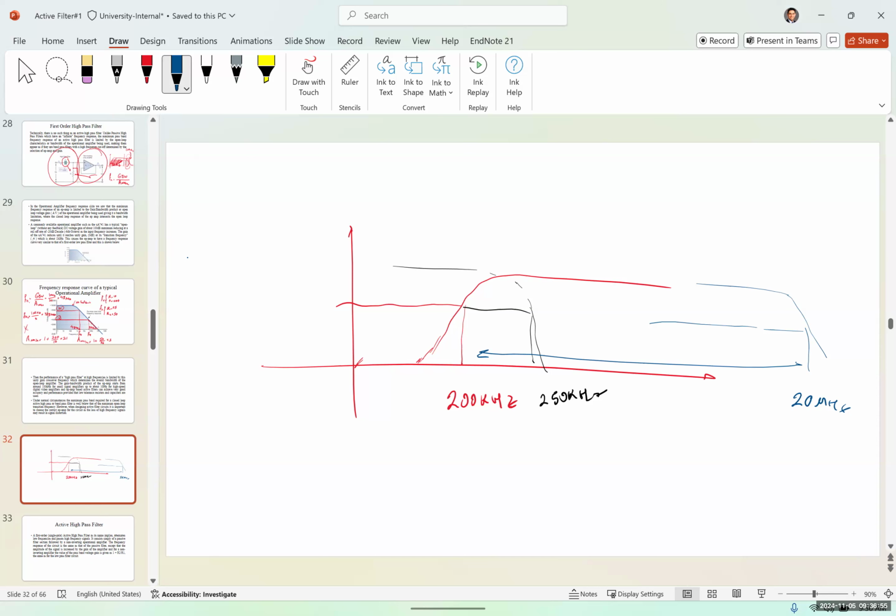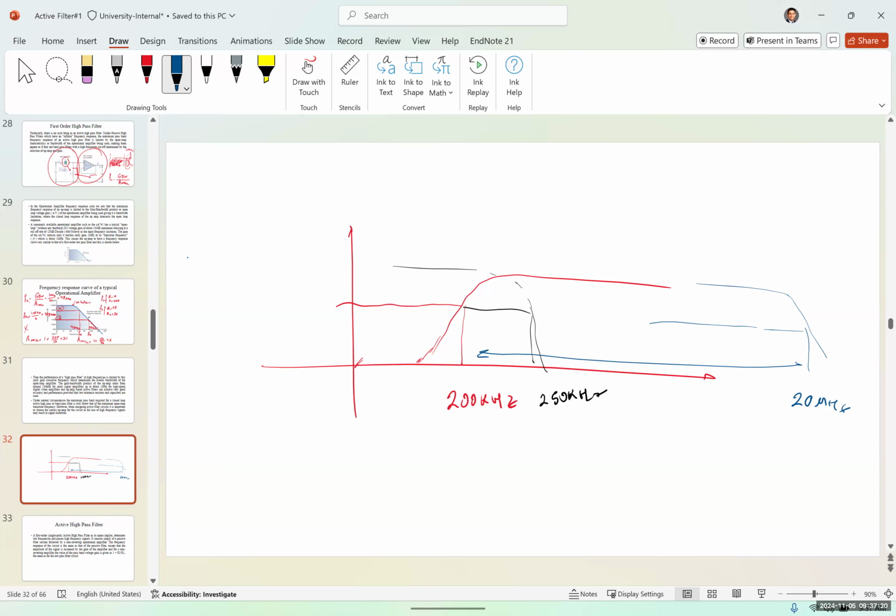So when designing an active high pass filter, you have to take into consideration the upper cutoff frequency of that op amp. In some systems, like if you want to filter out 50 hertz, 60 hertz, an op amp that has an upper cutoff frequency of 1 megahertz is going to be more than enough. But in other applications where your lower cutoff frequency is around 200 kilohertz, 300 kilohertz, 1 megahertz, then a normal 741 would not even work because the upper cutoff frequency of that 741 is 1 megahertz.